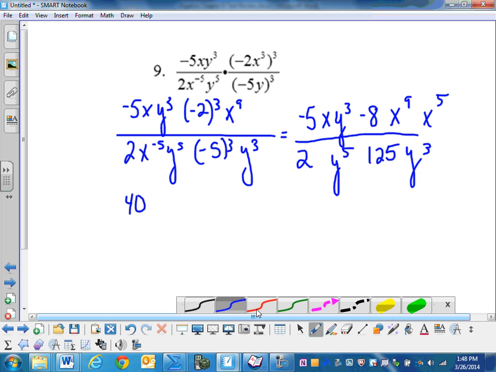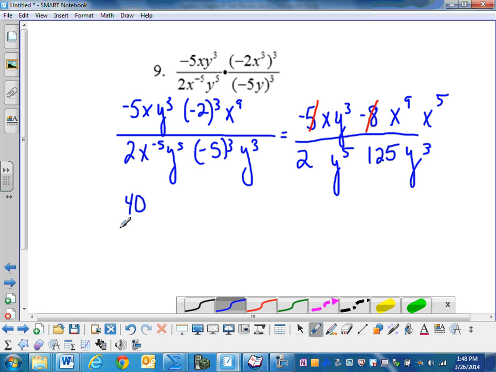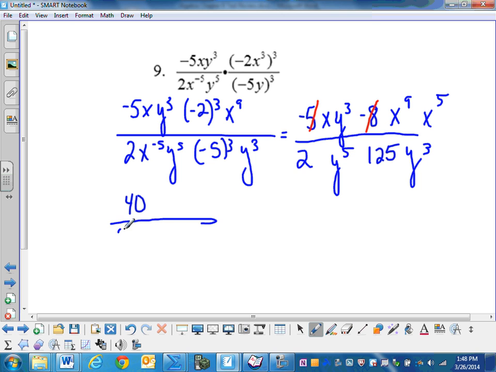So let me go ahead and do this. Get rid of that and get rid of that. And then on the bottom I have 250. And then I have 1x and 9x is 10x.